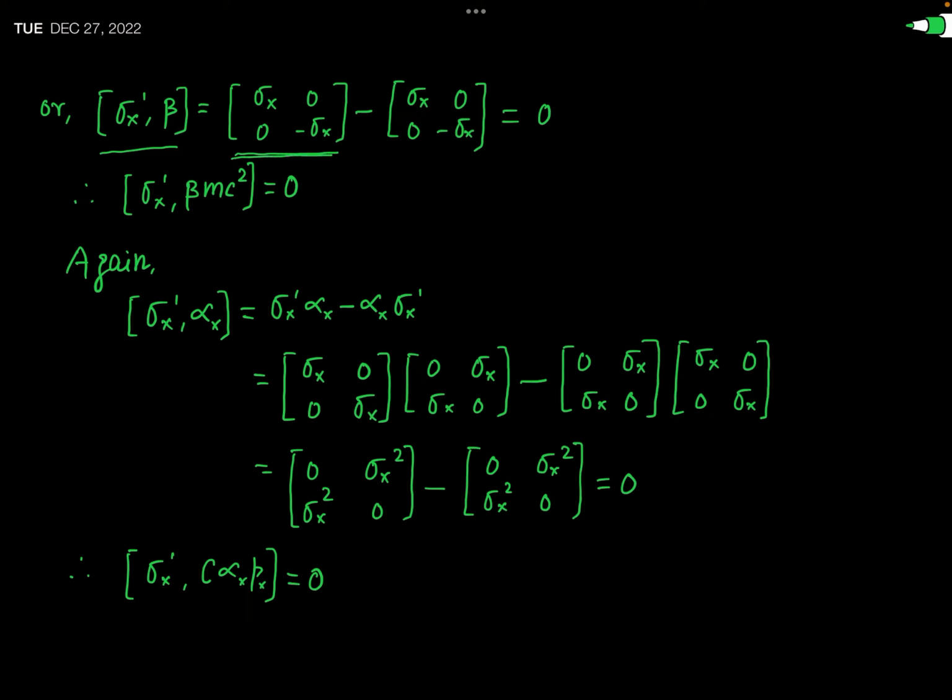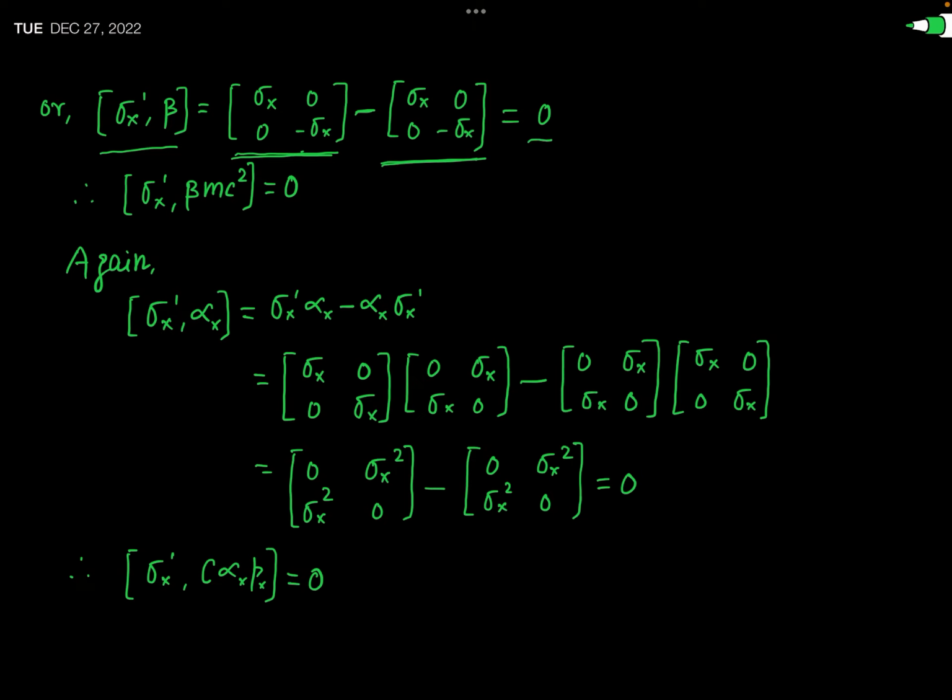Minus this, obtained after multiplying the second two matrices, is again the matrix sigma x, 0, 0, minus sigma x. Since these two matrices are equal and there is a minus sign between them, the result will be equal to 0.